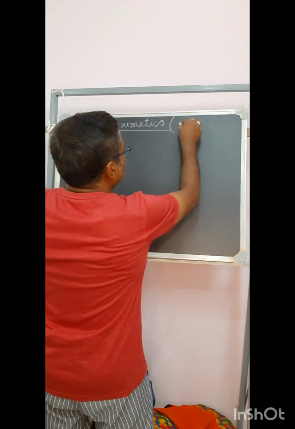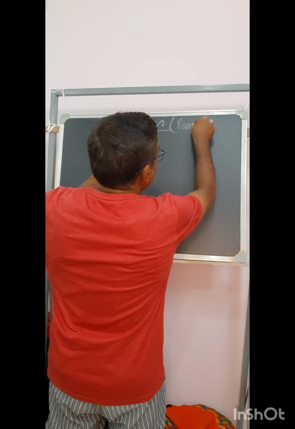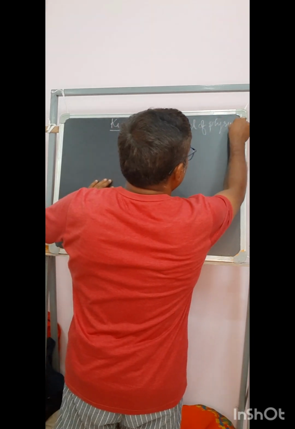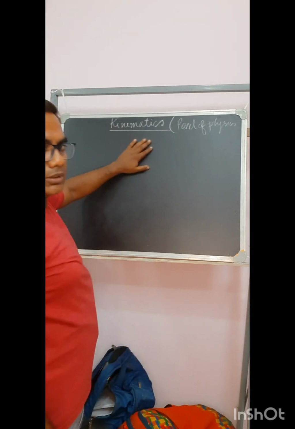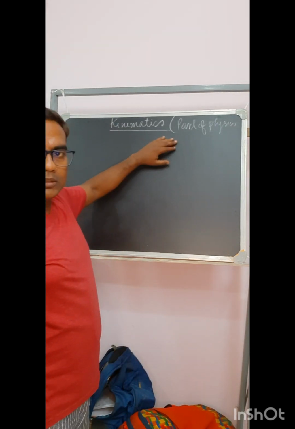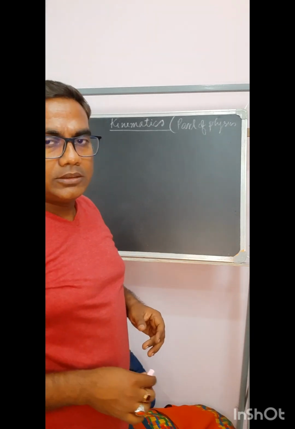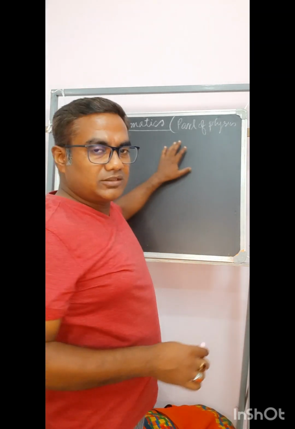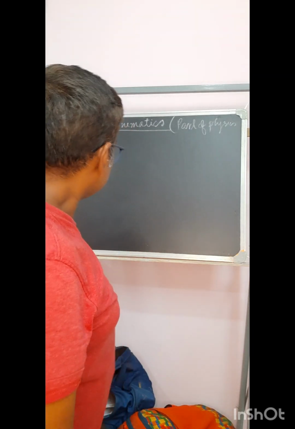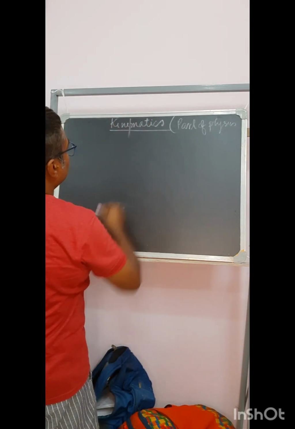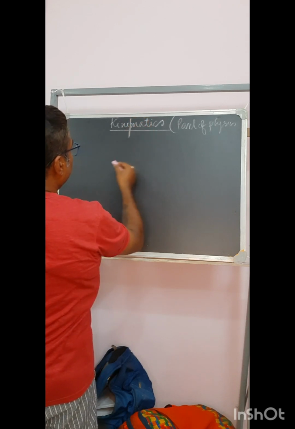It is definitely a part of physics, where we learn the motion of any object or particle and its characteristics. So first understand what kinematics is. If I break it into two parts, that is kine and matics.